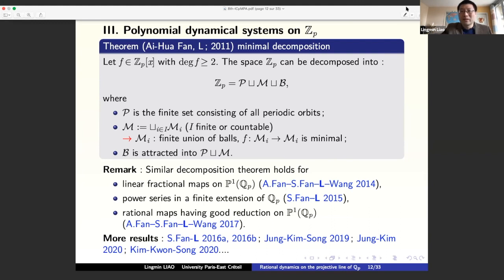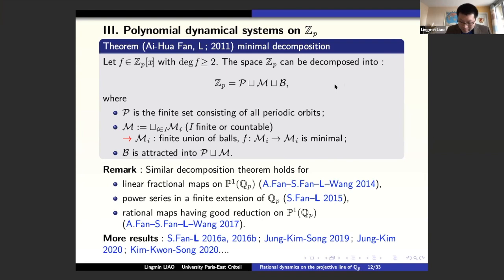So you have some finite number of periodic orbits and some minimal parts. Minimal parts mean that if you take some point, the orbit will stay in this part and be dense. If you take another point here, it will go like this.